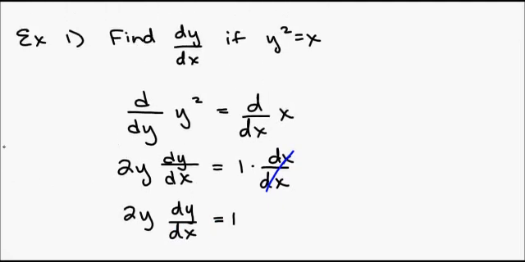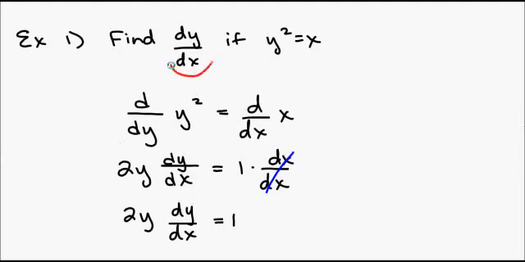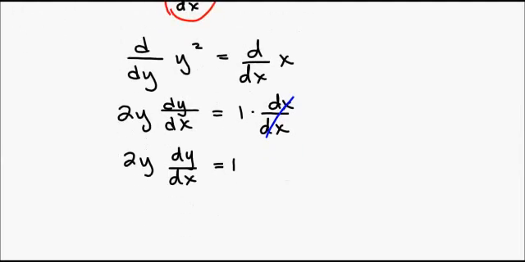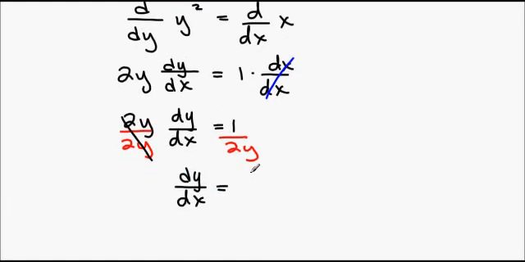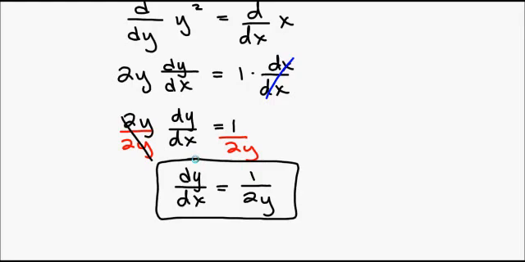But what we want to find is dy/dx. How do you get dy/dx by itself? You divide both sides by 2y. That cancels, so we have dy/dx equals 1 over 2y. And this is our derivative with respect to x.